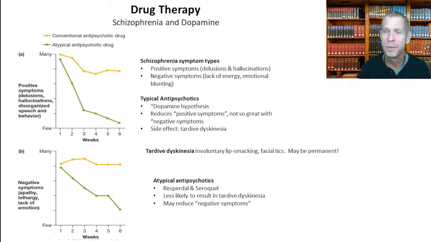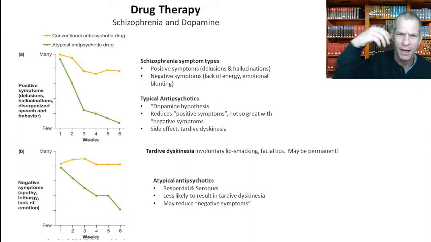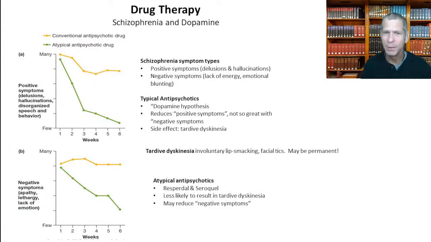So, typically, what we talk about in schizophrenia are positive symptoms and negative symptoms. Positive symptoms are things that are added on. You begin to have delusions. You begin to have hallucinations. And we typically talk about negative symptoms, which is the amotivation and the loss of emotional functioning. Those are the negative symptoms of schizophrenia.